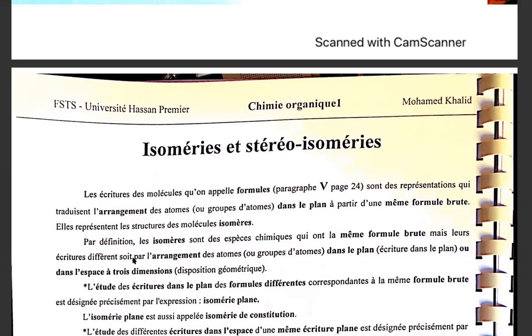Mais l'écriture est différente par l'arrangement des atomes, groupe d'atomes dans le plan, ou bien dans l'espace à 3 dimensions. Now, when we include l'espace 3 dimensions, we come up with a new notion that we are going to call stéréo-isoméries.